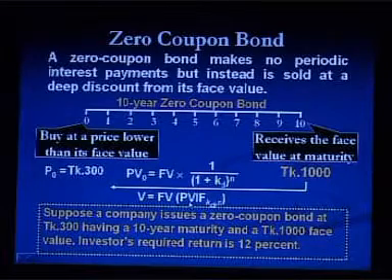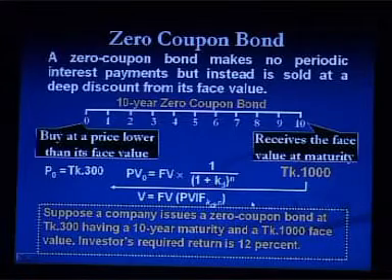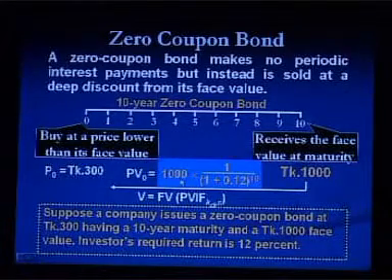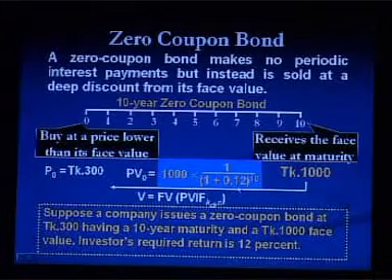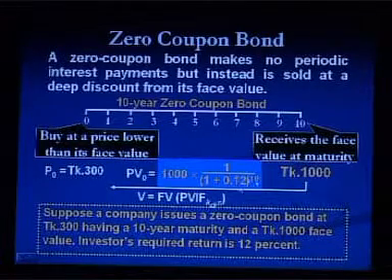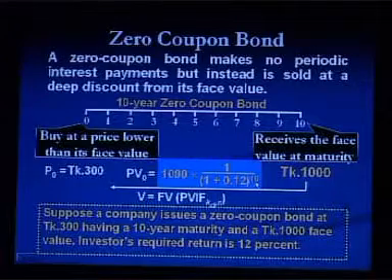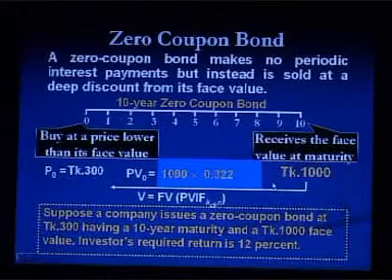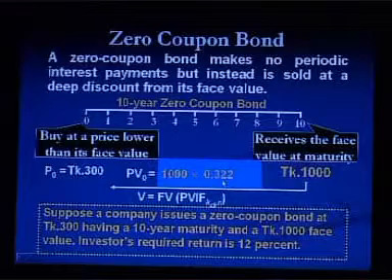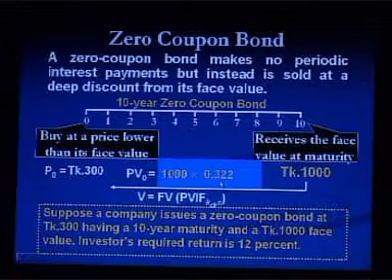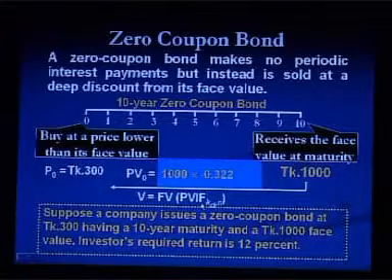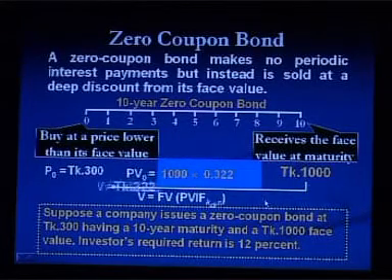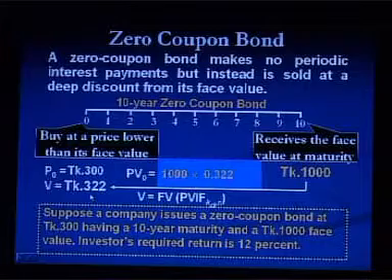So, you can use the present value interest factor at KD for n periods, and we can put the value here: future value 1000, 1 by 1 plus 0.12, this is the required rate of return, and this is the maturity period, that is 10 years. You can get the value 0.322 from the present value interest factor table, and the value of the bond will be taka 322.